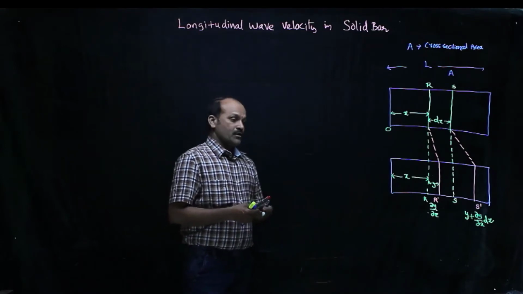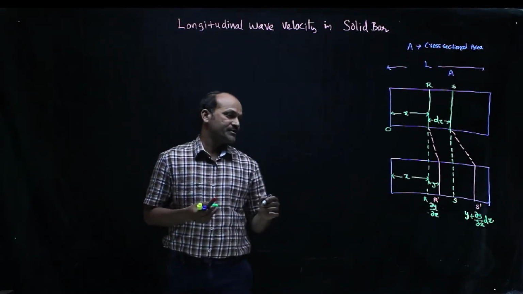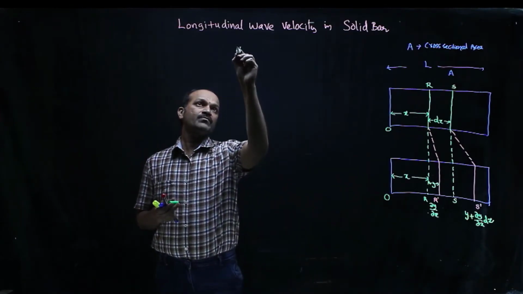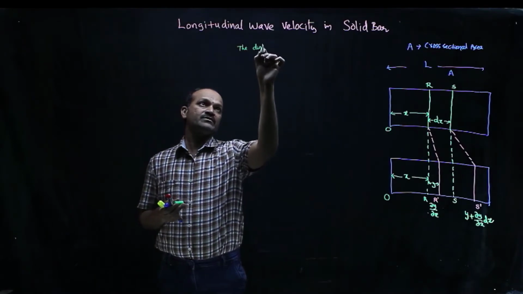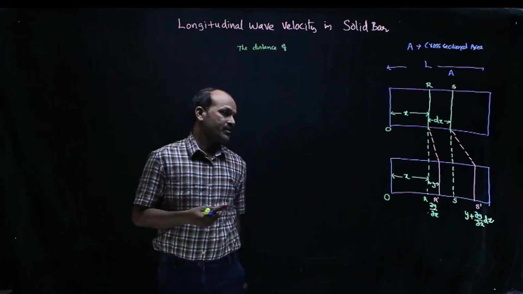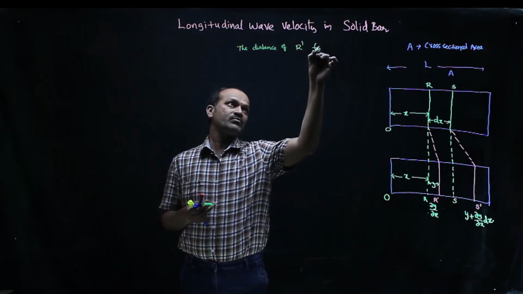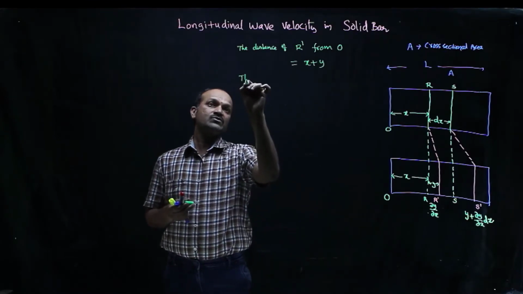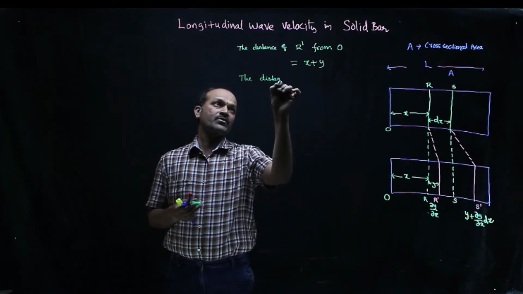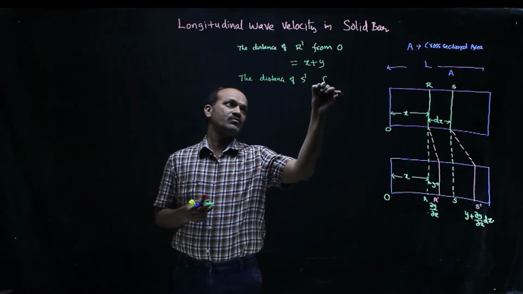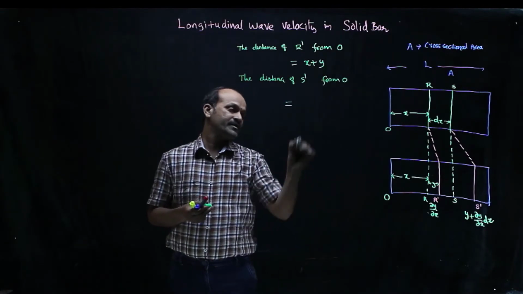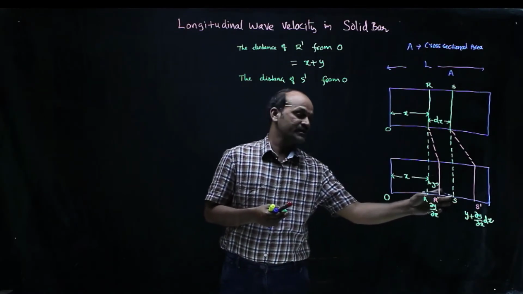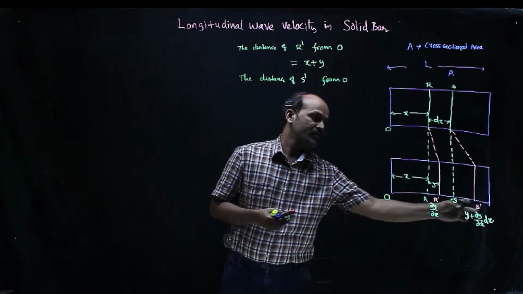So let us write here. The distance of R dash from O is x plus y, and the distance of S dash from O, see here I am taking x plus dx, RS's length is dx, x plus dx, and the remaining part is S S dash.